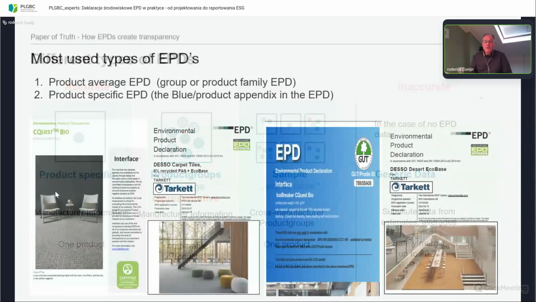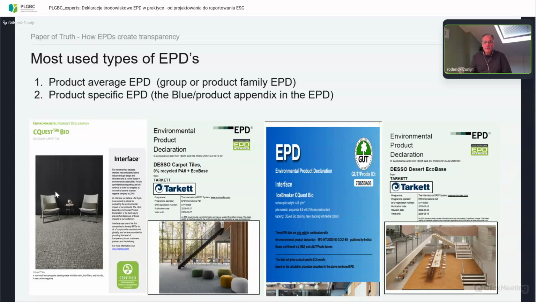So these are some examples of how EPDs will look if you get them. The first two are product group EPDs, and the third and fourth are product-specific EPDs.